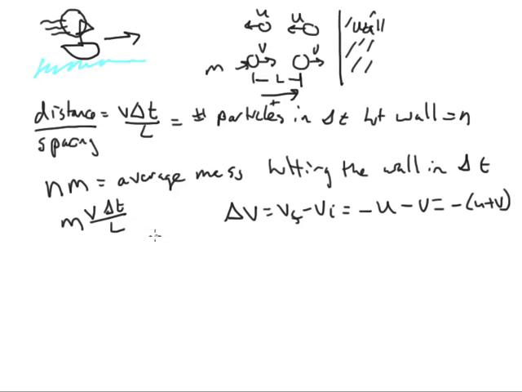And to calculate the change in momentum that occurs in the delta t, we just multiply these two quantities together. So this is sort of our m times v.